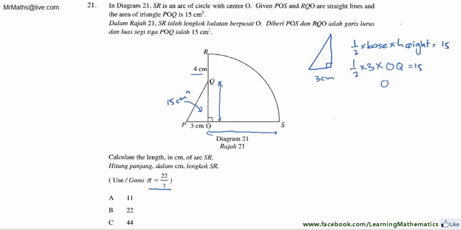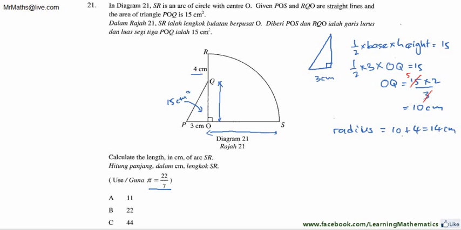So OQ is 15 times 2 divided by 3, which is 10. Okay, 3 and 5, this is 5, right? It's 5, 10, not 6, 10. Alright, so you get 10 cm. So the radius of the circle is 10 plus 4, which is 14 cm.